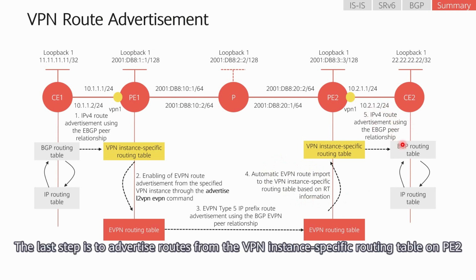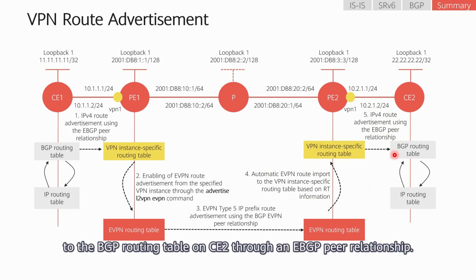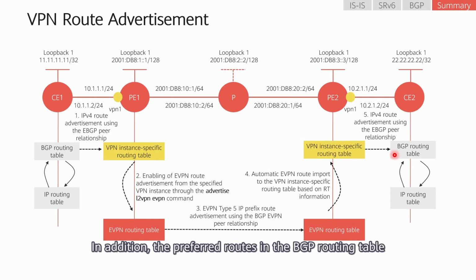The last step is to advertise routes from the VPN instance-specific routing table on P2 to the BGP routing table on C2 through an eBGP peer relationship. In addition, the preferred routes in the BGP routing table can be added to the IP routing table for forwarding.